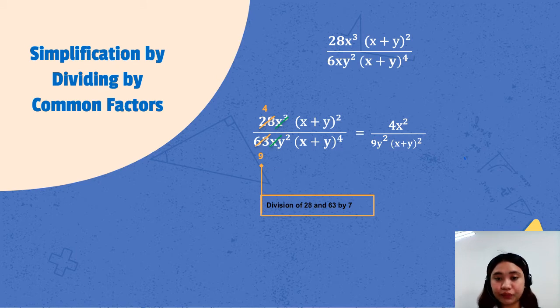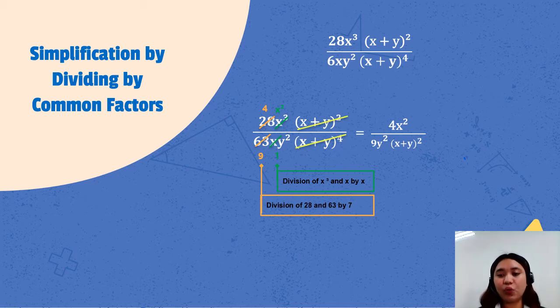Next, we have x cubed and x. The common factor of x cubed and x is x. So x cubed divided by x is x squared. Next, x divided by x is 1.